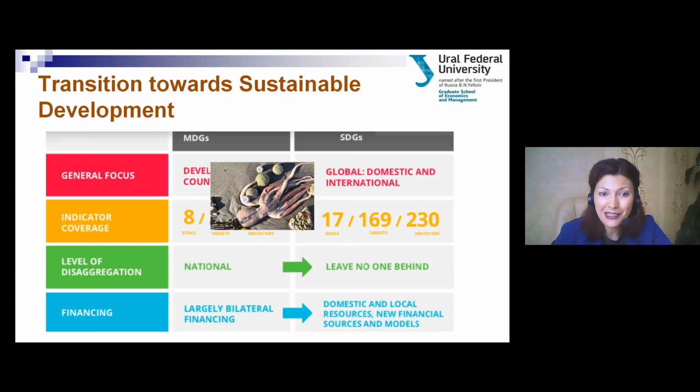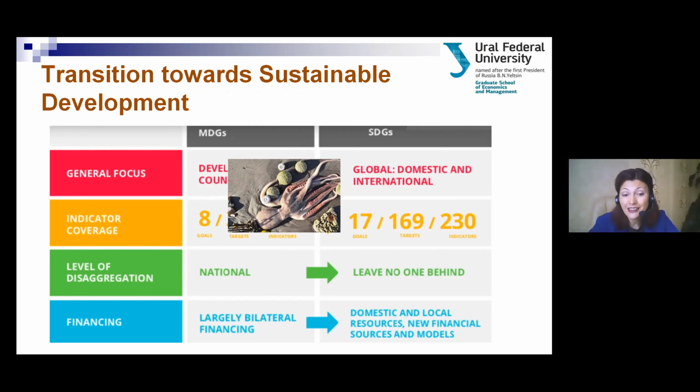In the Millennium Development Goals, they had only 8 goals and 20 targets, while the SDGs were developed not only for underdeveloped countries, but for all countries, because so-called advanced economy countries realized that they are not all good as well. So they developed a framework for both domestic and international targets: 17 goals, 169 targets, and 230 indicators.